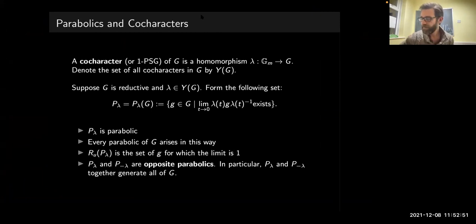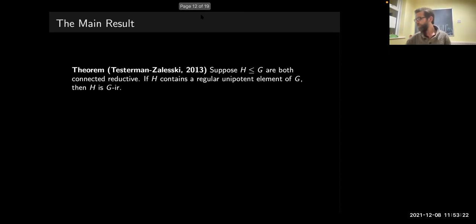So the last thing to say about this notion of opposition, you can see from the description of opposite parabolics and Borel subgroups in terms of roots that a pair of opposite parabolics will generate the whole group, because the whole group is generated by the torus and the root subgroups, and those will be contained in these two things together. Good. Right, so I can get finally to a result.